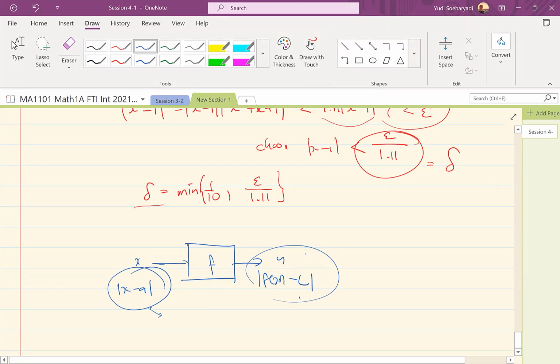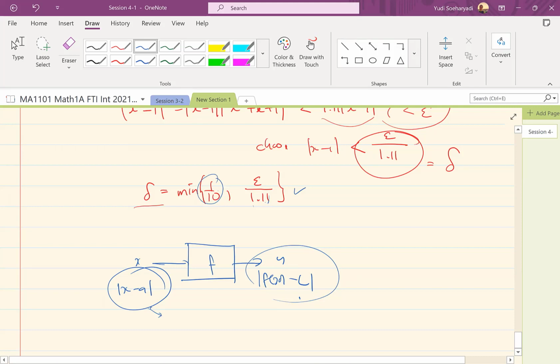So that's the idea. This one is better in this case because this number is bigger. Why is it bigger? Because this is smaller.